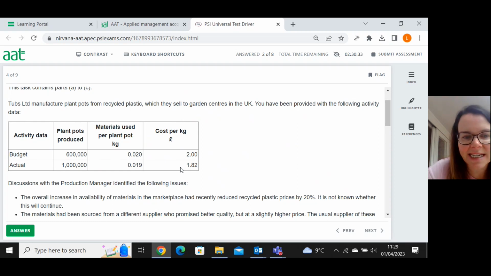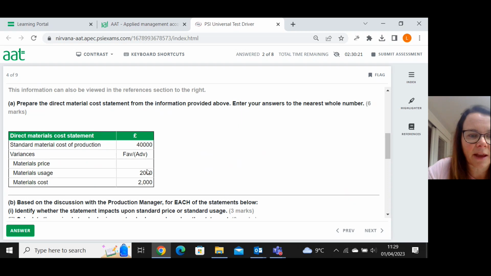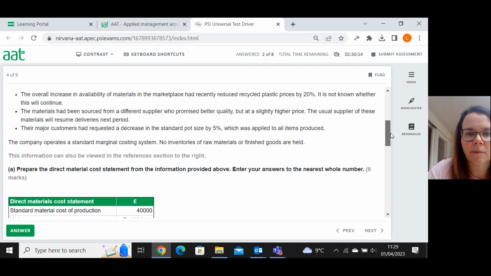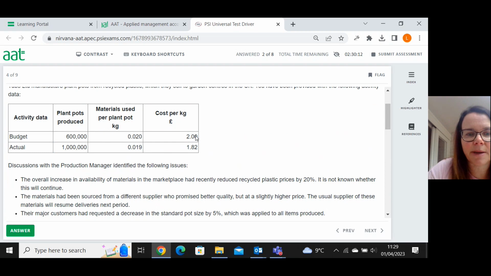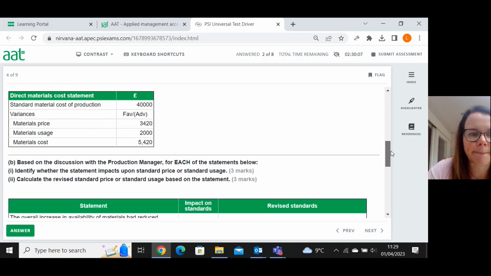So if I compare the 38,000 at the standard price with the 34,580 at the actual price, then that gives me a favourable variance of 3,420. Again, makes sense because the cost per kilo is lower than I expected. And then it's conveniently worked out the bottom figure for me, which was just the sum of the other two variances.